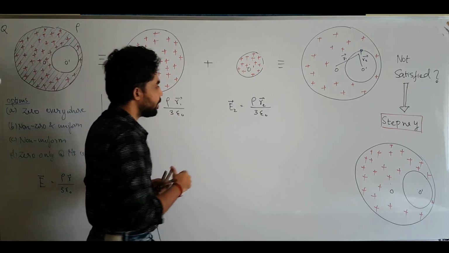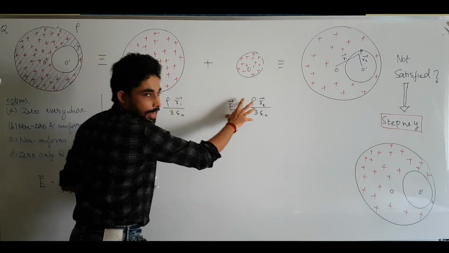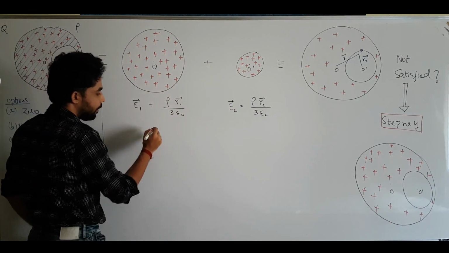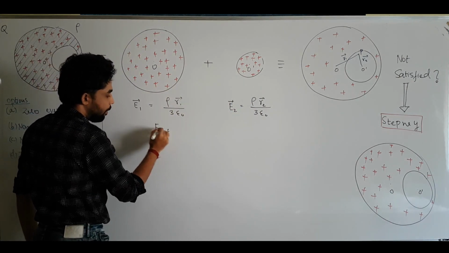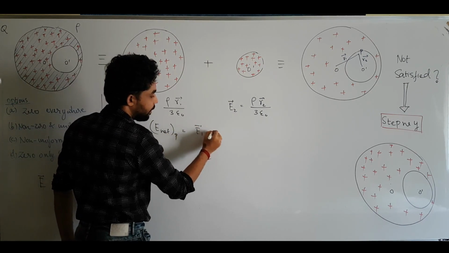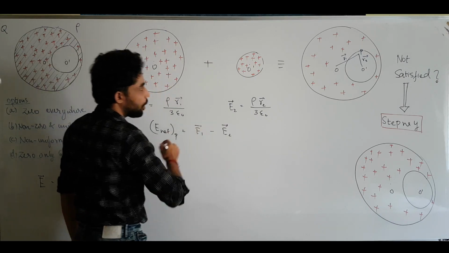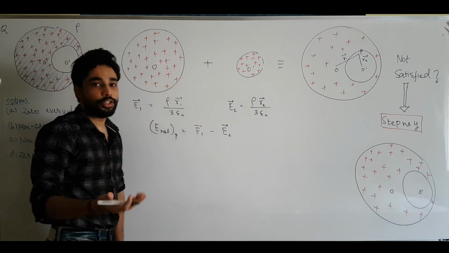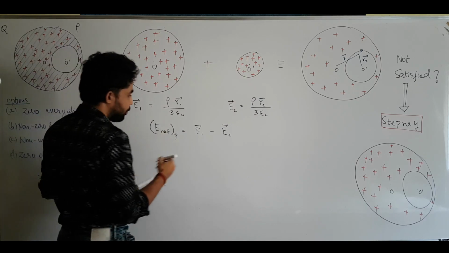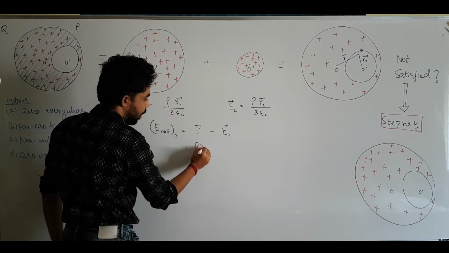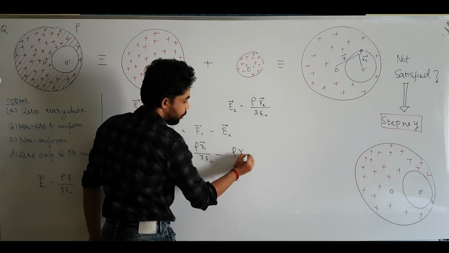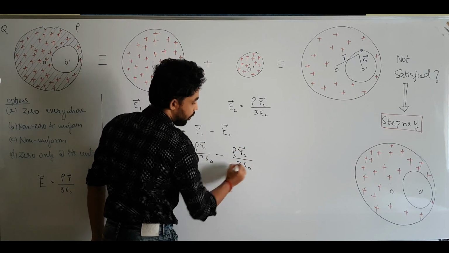So I just have to remove this electric field from this electric field, which means that the net electric field at point P is simply the E1 vector minus the E2 vector, because this portion is no longer contributing to the total electric field. Okay, now when I substitute the values, this will be rho r1 vector by 3 epsilon naught minus rho r2 vector by 3 epsilon naught.